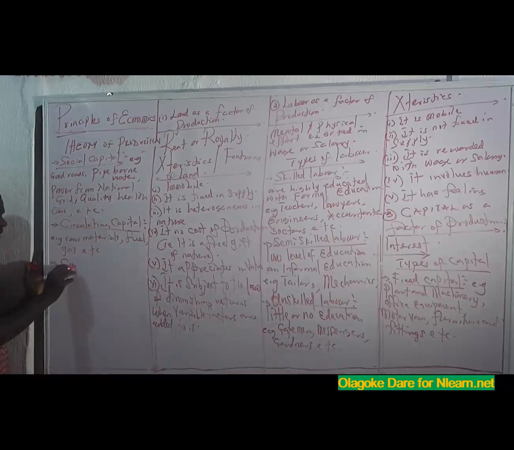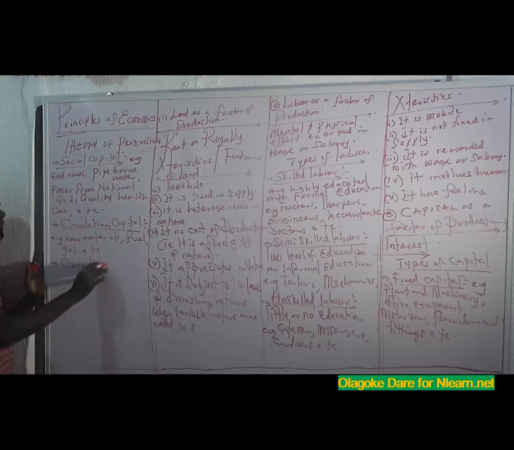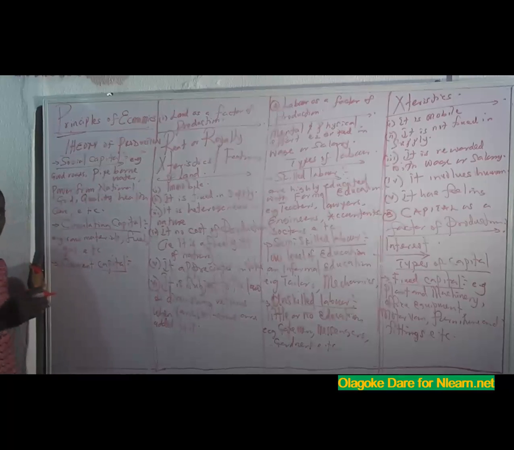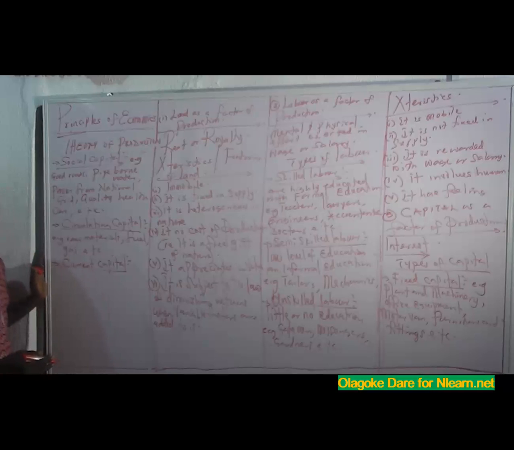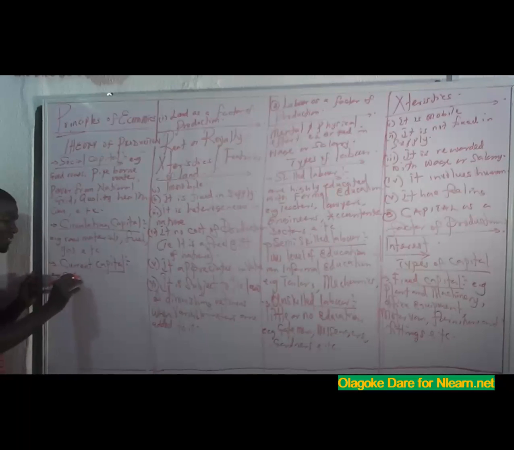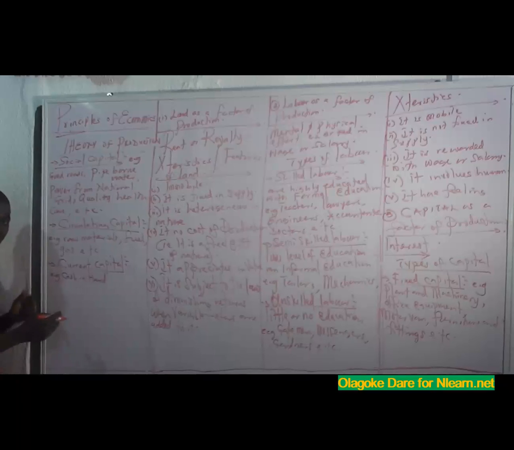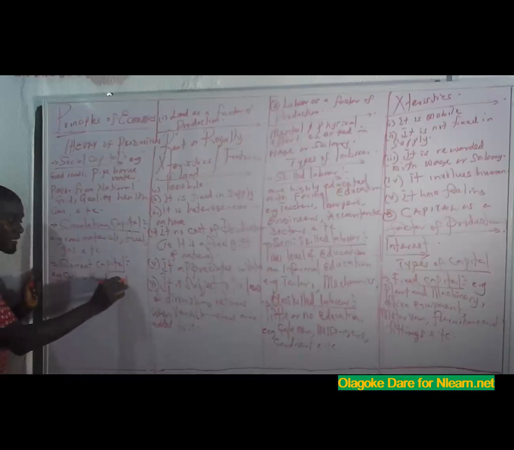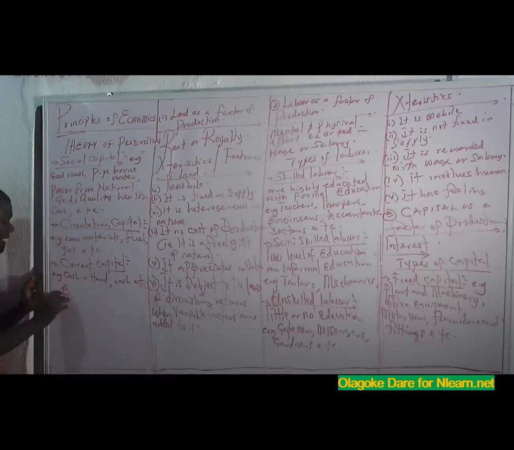We have current capital. Current capital refers to the amount of money used in the day-to-day production process. An example of this is your cash in hand. It's either there's cash at hand to buy or you have it at the bank, cash at bank.